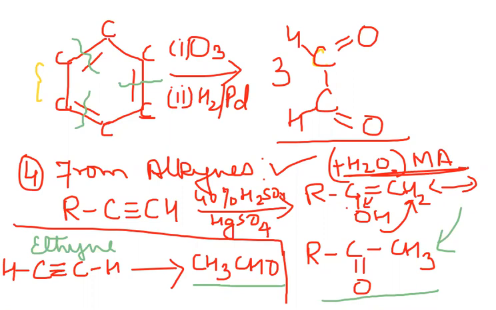The positive part of the water molecule is adding up to the terminal carbon, which is having one hydrogen. Remember, this carbon does not have a hydrogen. So in this case, the hydrogen is adding up here, so you get a CH2 and OH.